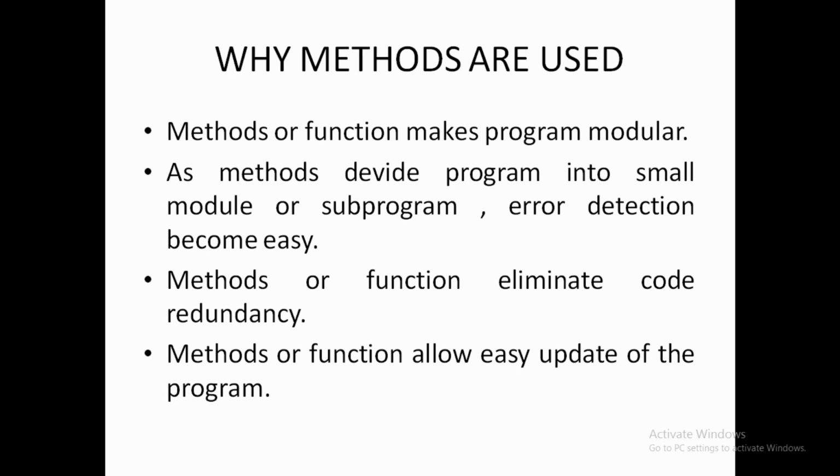Once we have written a method to perform the sorting, we can use the same method in each part of the program where sorting is needed. Hence, writing the same lines of code again and again can be eliminated, and code redundancy is eliminated using methods.